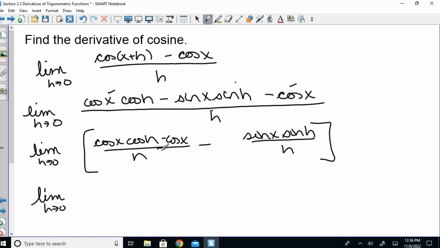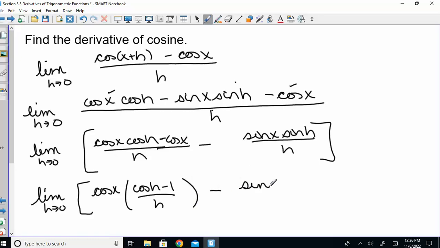In this first fraction, I have two terms. They both have a cosine x, so I could factor that out. And that leaves us with cosine h minus 1 over h.